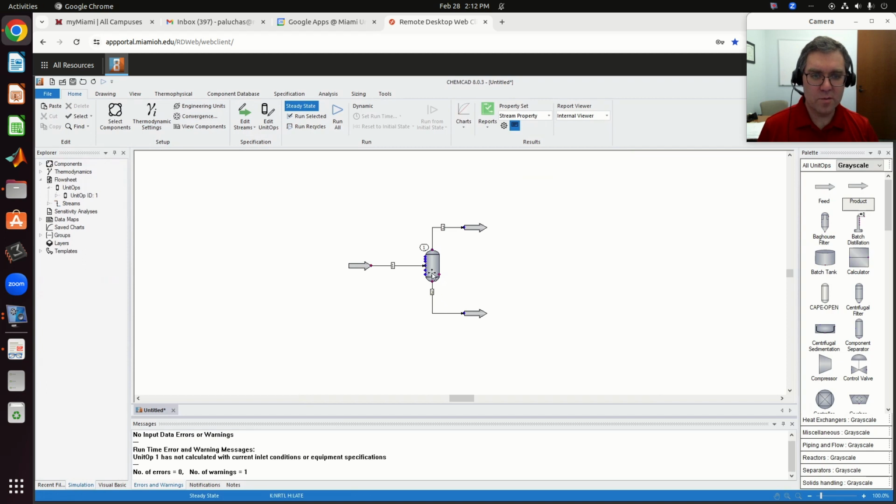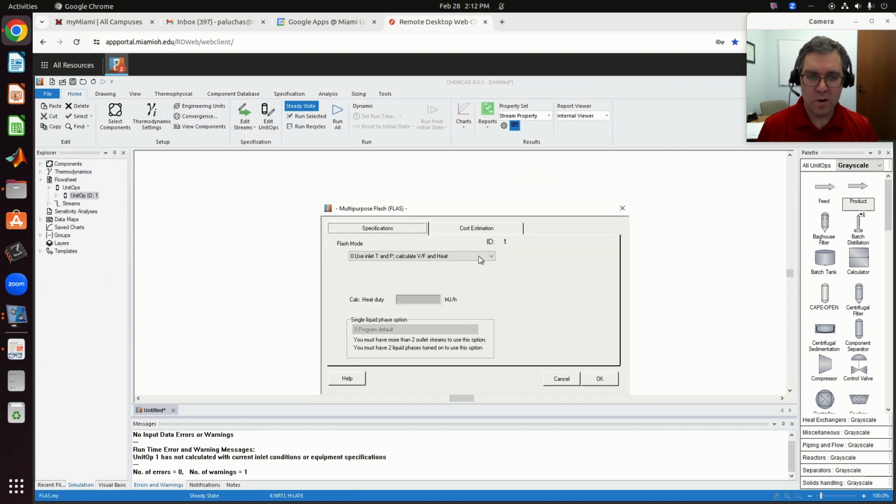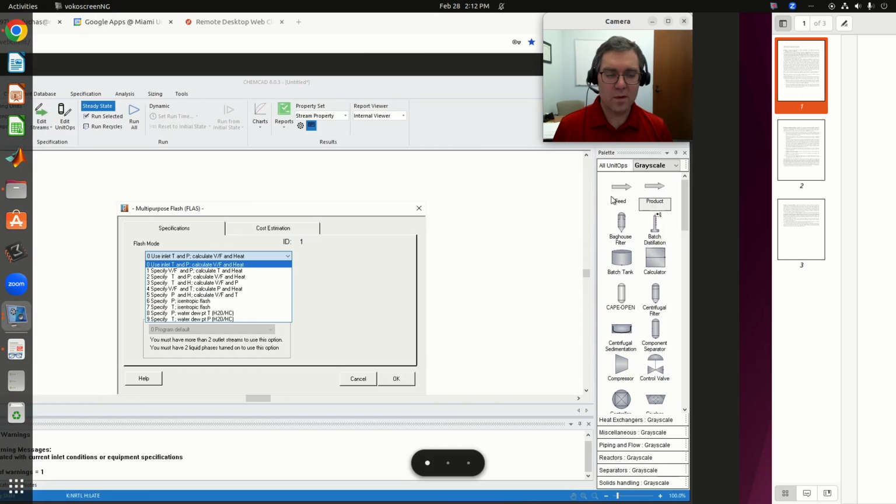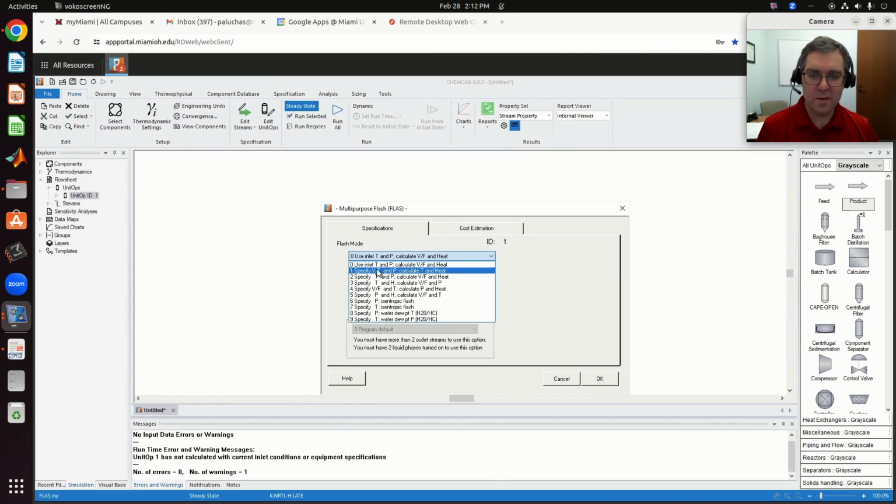All right, so now in terms of the drum, there's various operating modes. When I look at the problem statement, we're told that the drum's going to operate at 75 degrees C, so that corresponds to specifying temperature. Then they have various V over F values, and we'll see how we can play with that.